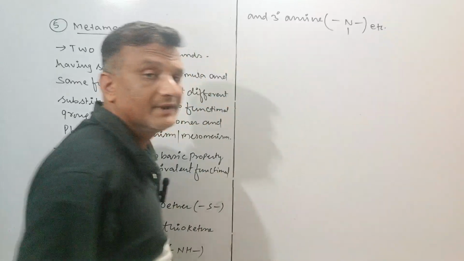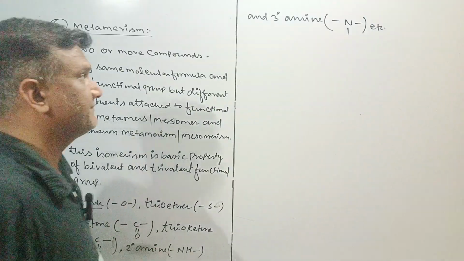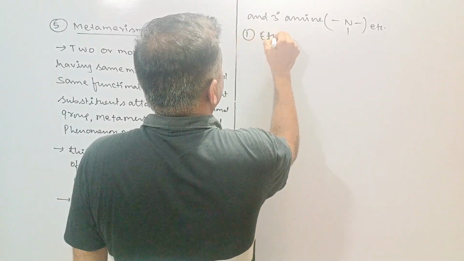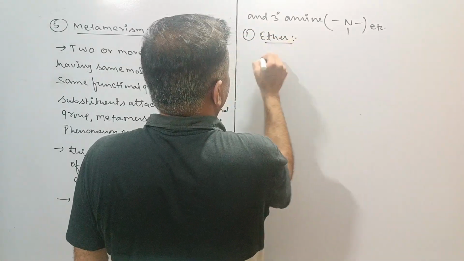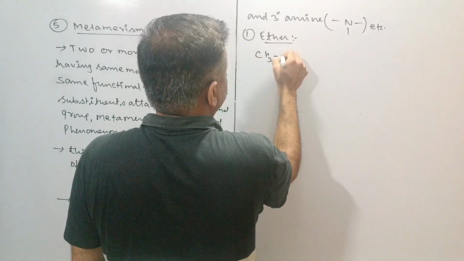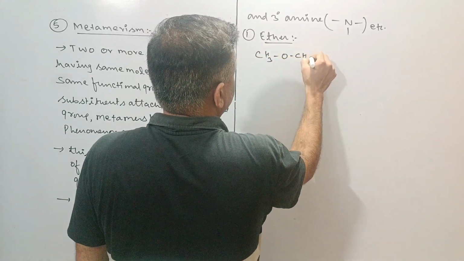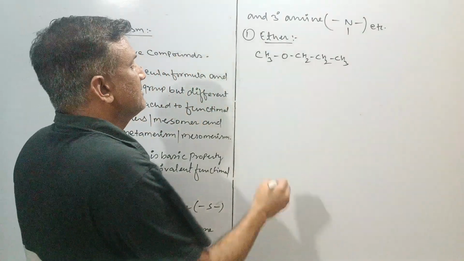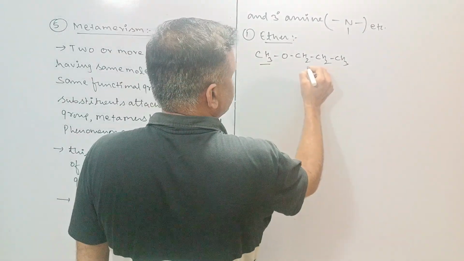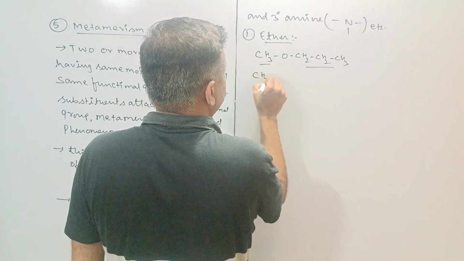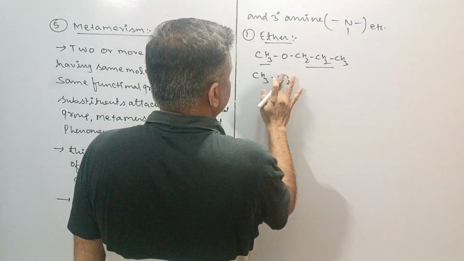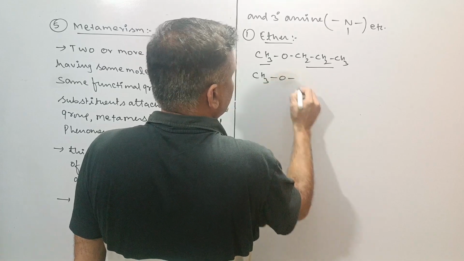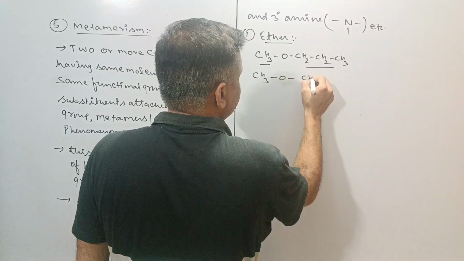If I go with the examples, first of all I'll go with the ether example. Regarding ether, we can take the following example. This is CH3OCH2CH2CH3. Now change the substituent: CH3, CH2, CH3, O, change of n-chain into iso chain.